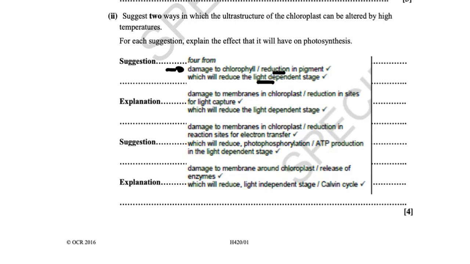You could pretty much make any reasonable suggestion linked to the effect of temperature, the damage to the chloroplast, and then linking that to a reduction in the light dependent stage or the Calvin cycle.